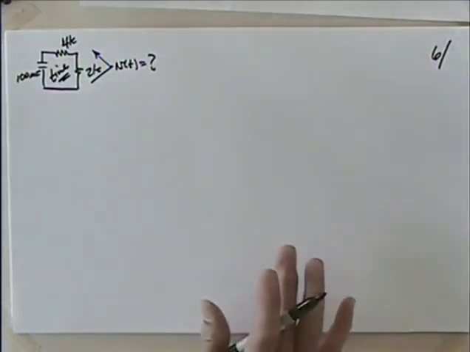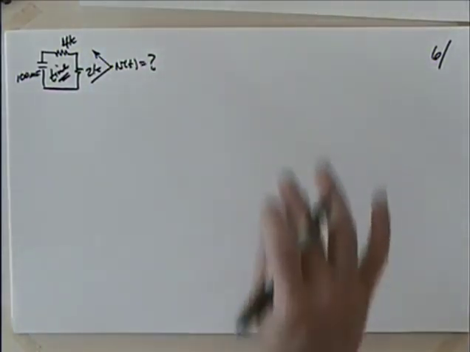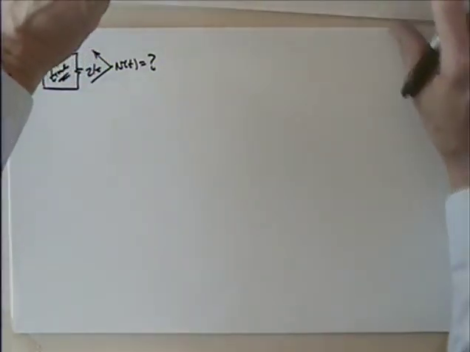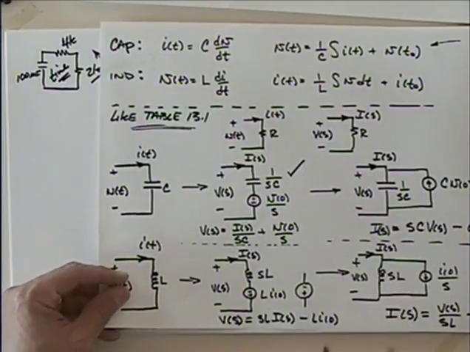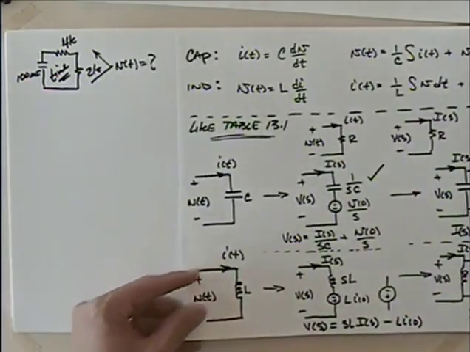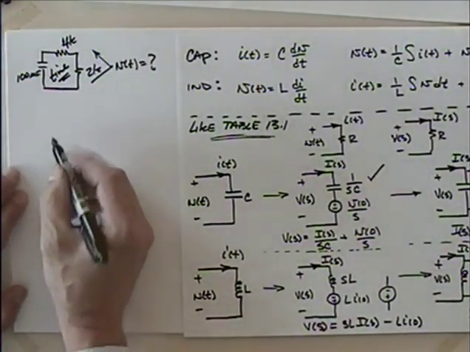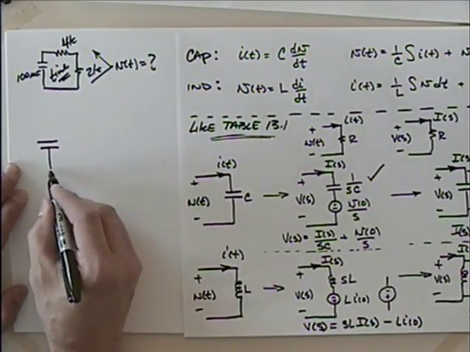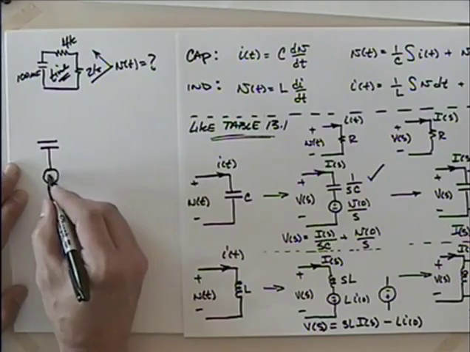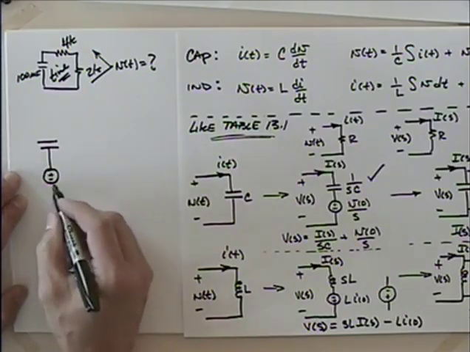Okay. So I want to show what this thing looks like in the S domain. So I come over here, and I think I will try and represent it this way. Okay. So I'm going to do it in the S domain now. So I'm going to put that capacitor there, and I'm going to put it in series with a voltage source, like this.